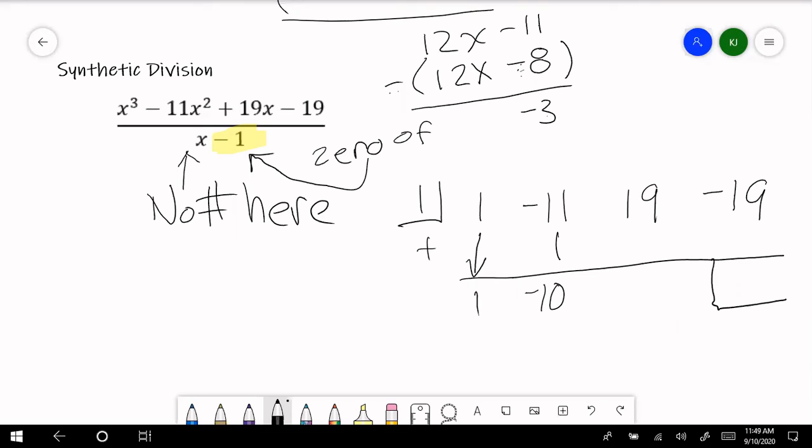Multiply it by what's in the box, and I get -10. Add them. Multiply what's in the box by what's in the box. Add them. And what's in the final box is my remainder.